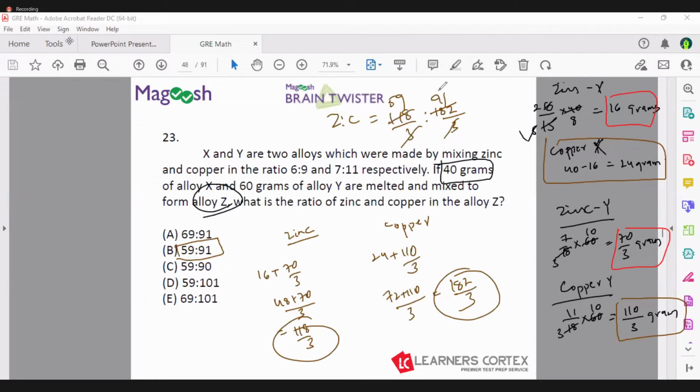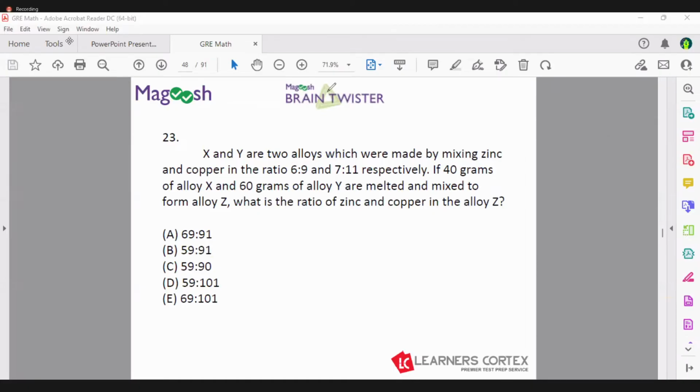Okay. So basically, when the ratio is given as 6:9 or any ratio, basically A is to B, and there are two products, let's take them as P and Q. Or anything which is mixed together, let's take this as milk and this as water.